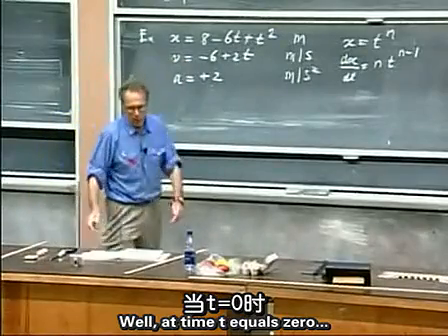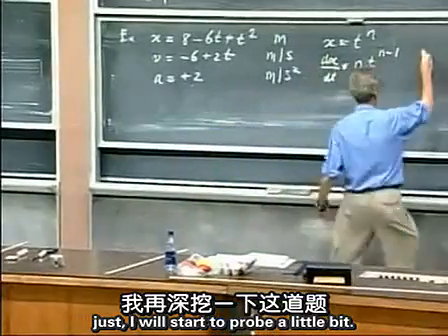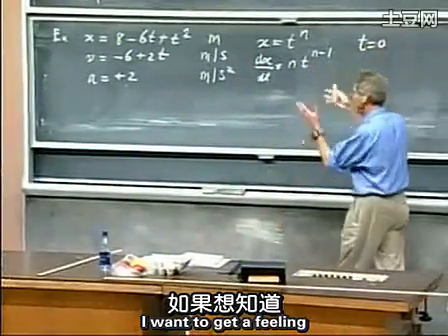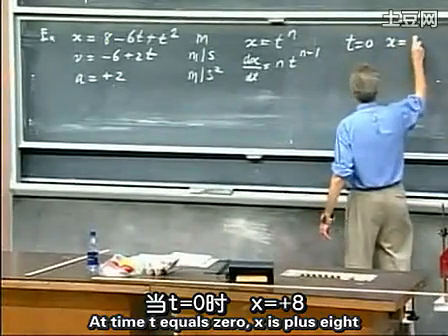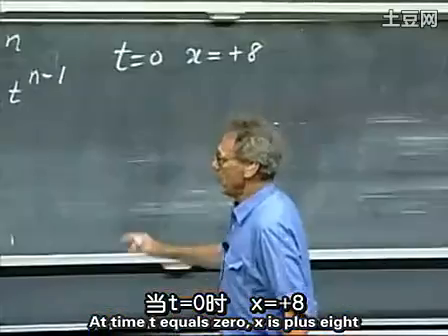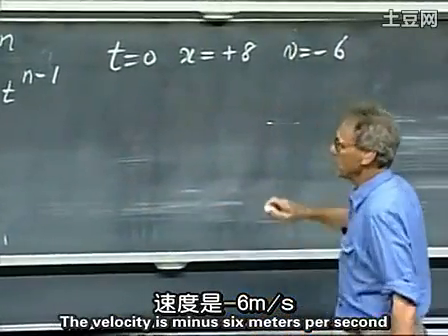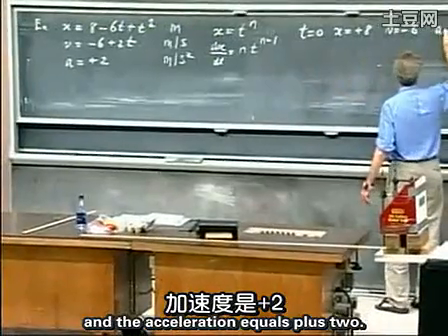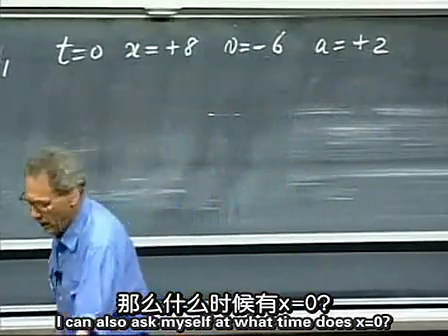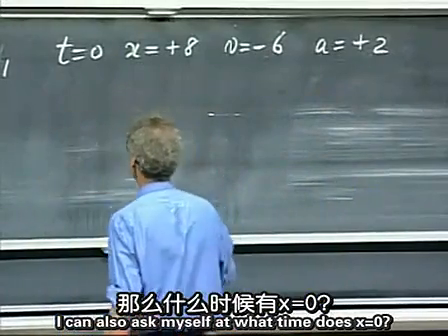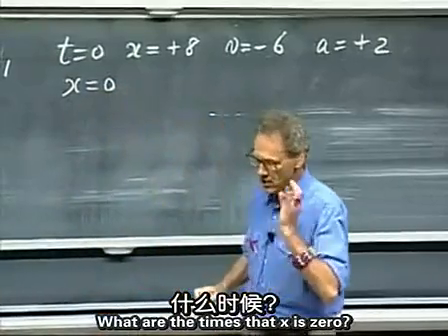Well, at time t equals 0, I'll start to probe a little bit. I want to get a feeling for what this object is doing. At time t equals 0, x is plus 8. The velocity is minus 6 meters per second, and the acceleration equals plus 2. I can also ask myself, at what times is x equal to 0?